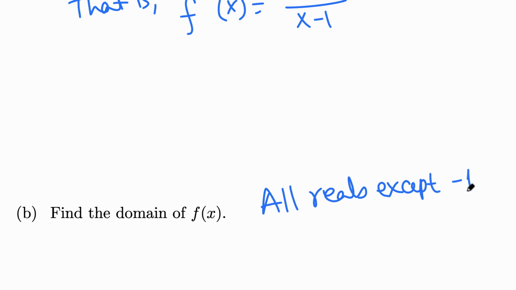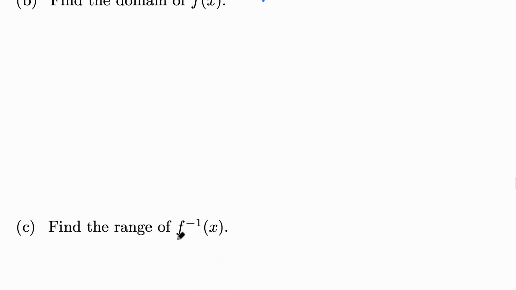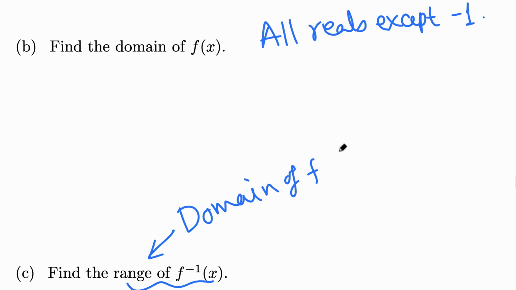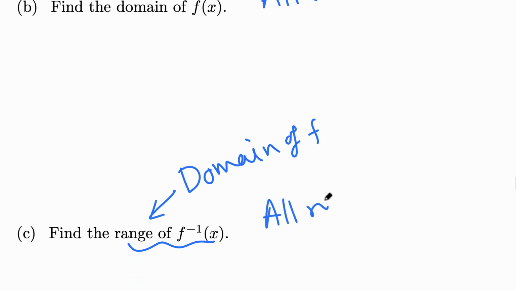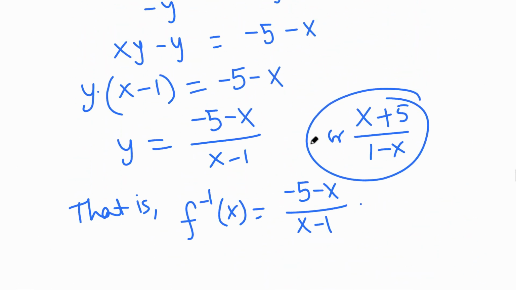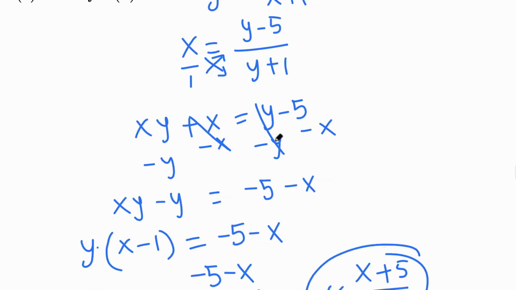And the range of f inverse is the same as the domain of f, which is here. So all reals except negative 1, because negative 1 makes the bottom 0.